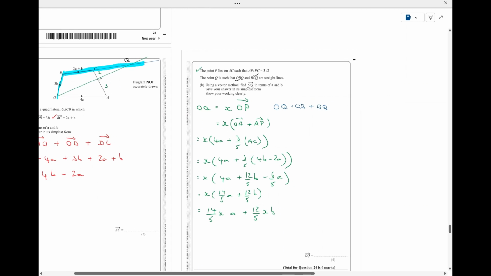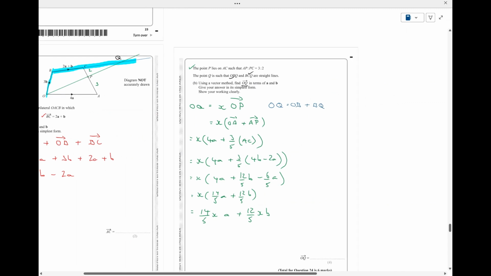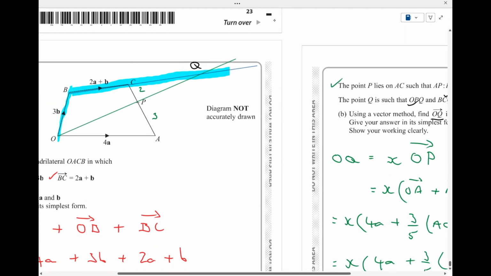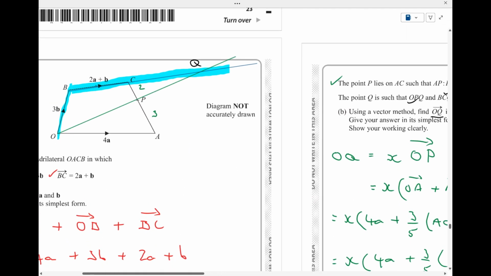Now for the blue route, we said we were going to do O to B. Well, O to B is 3B, plus B to Q. Now B to Q, here we are, B to Q, is a multiple, I'm not sure what multiple, of B to C. So B to C is this bit here.